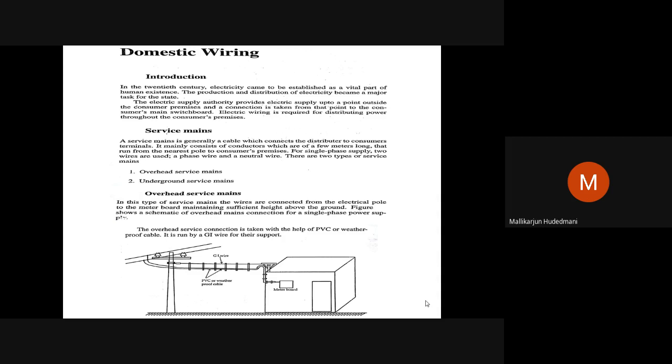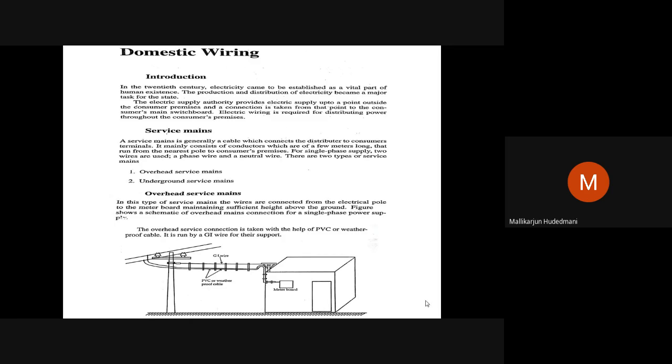service mains. Whatever wiring we do inside the house to illuminate, to make a fan function, to make the refrigerator run, to make the geyser perform, all the end connections we do inside the house, may be overhead wiring or concealed inside the wall, which we call concealed wiring, whatever the kind of wiring we do, that is called domestic wiring. To make the wiring function properly for the intended duty, we require power.